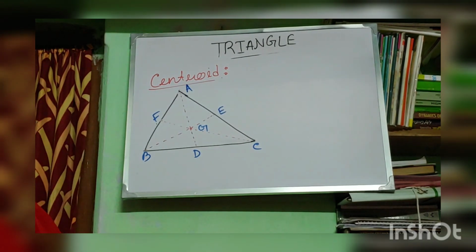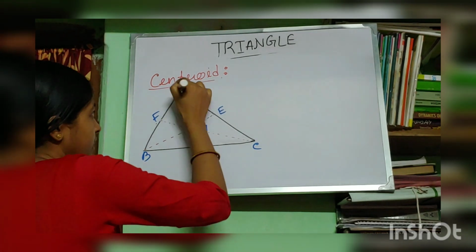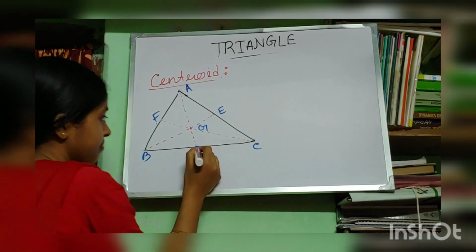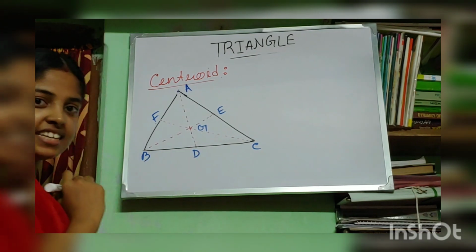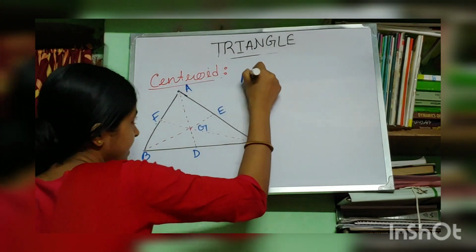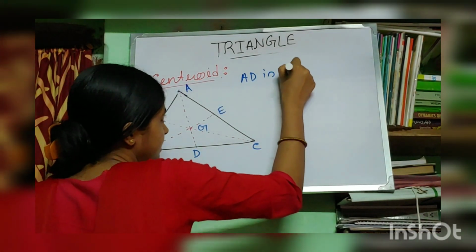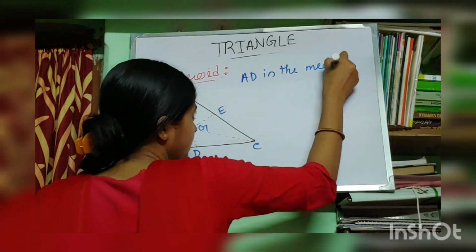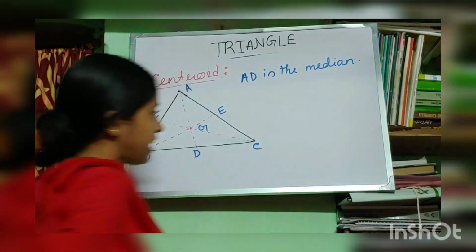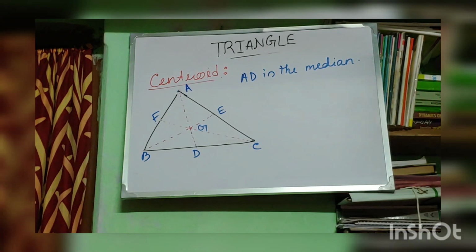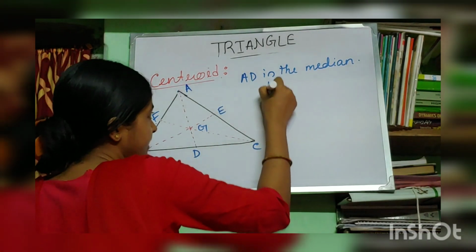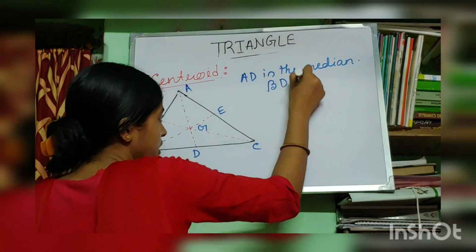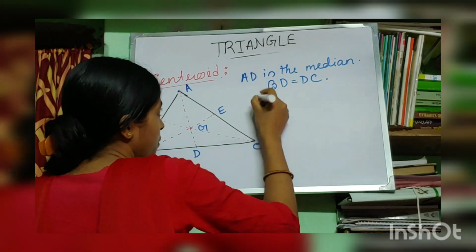Here the vertex is A and the midpoint is D, so AD is the median. One thing you always have to remember is that a median bisects the opposite side. That means BD equals DC.